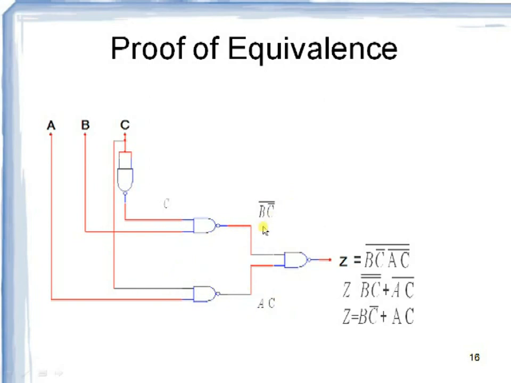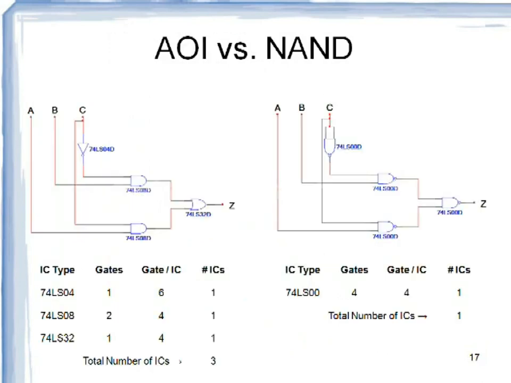Now these two outputs are given as inputs to one more NAND gate. Therefore the output is BC bar whole bar, AC whole bar, whole bar. So apply De Morgan's theorem, then you will get this kind of expression, which is similar to the expression we have seen for AOI logic. So this is how we implement any kind of Boolean expression with the help of NAND equivalents of the other logic gates.